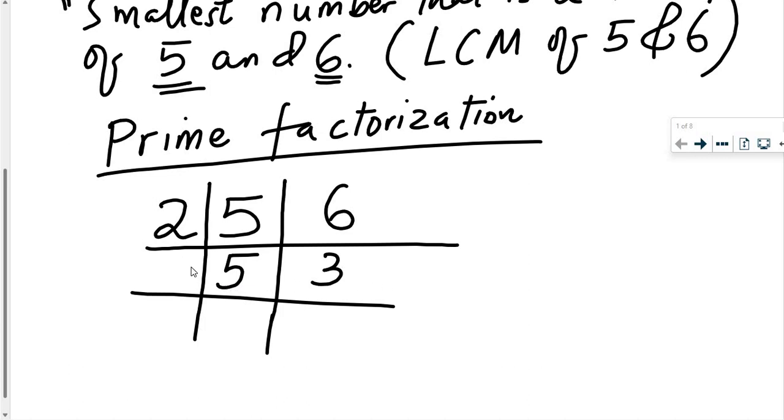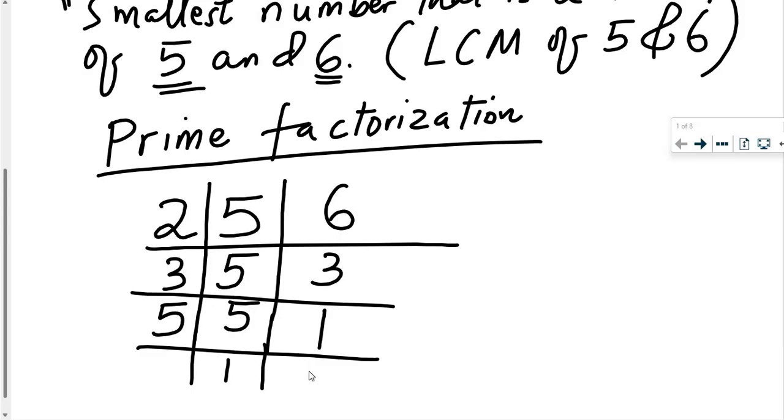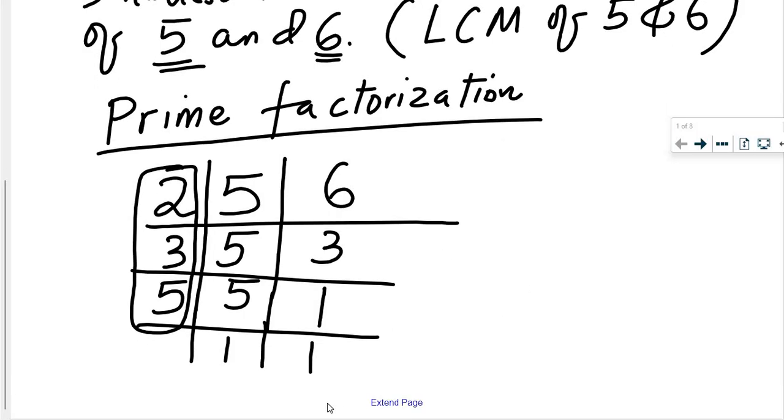Can these two numbers be divisible by 2? No. So you go to 3. 5 divided by 3, not possible. Copy paste 5. 3 divided by 3 is 1. One more last step. We have 5, so put 5 here. 5 divided by 5 is 1, and this is 1. These numbers you got here are the ones which we multiply.